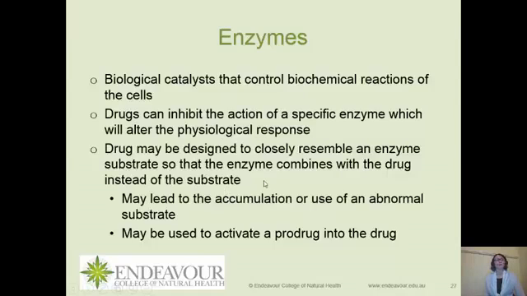Drugs might be so similar to the actual endogenous substrate, the inside chemical, endogenous substance. So this drug, the exogenous substance, combines with the enzyme, and so the drug might then stop the substrate binding. You get an accumulation of the substrate, or an abnormal use of that substrate in the body as a response to this drug.